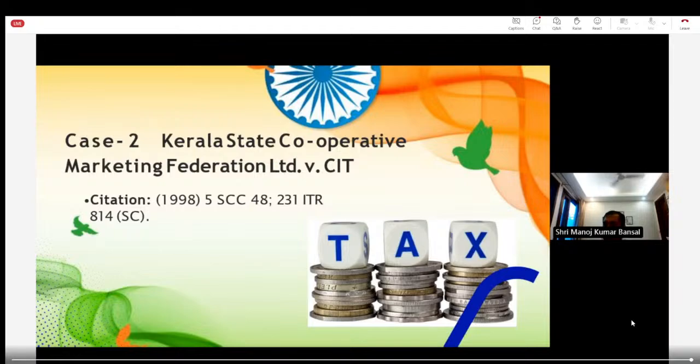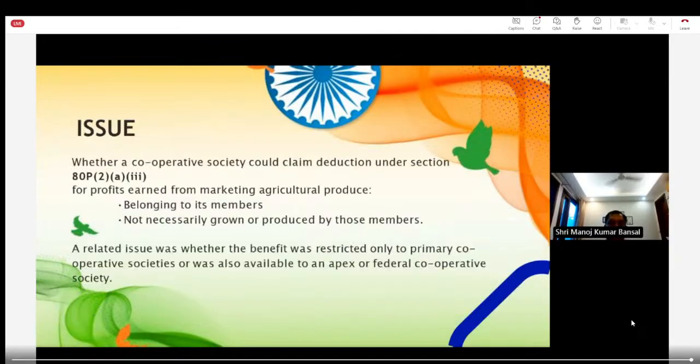The next case is Kerala Cooperatives Marketing Federation Limited versus CIT. It says whether a cooperative society could claim deduction under section 80P(2)(a)(iii) for profits earned from marketing agriculture produce belonging to its members, not necessarily grown or produced by those members.